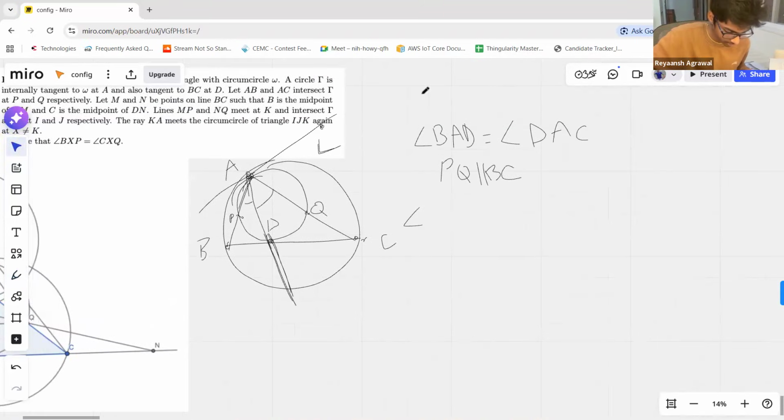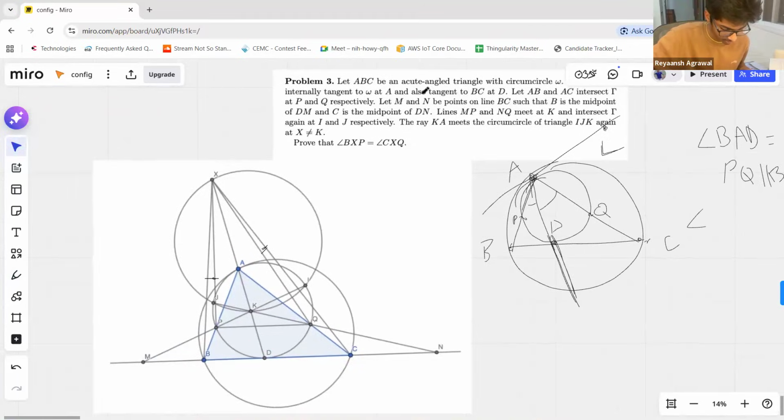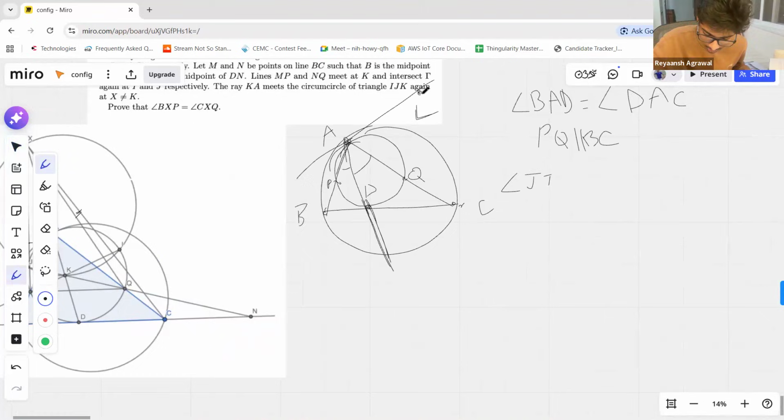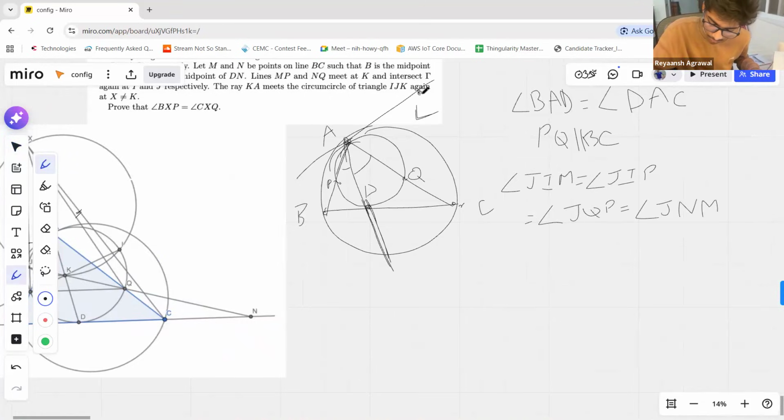JIM equals JIP, right? JIM equals JIP is equal to JQP equal to JNM. Therefore, IJMN is cyclic.